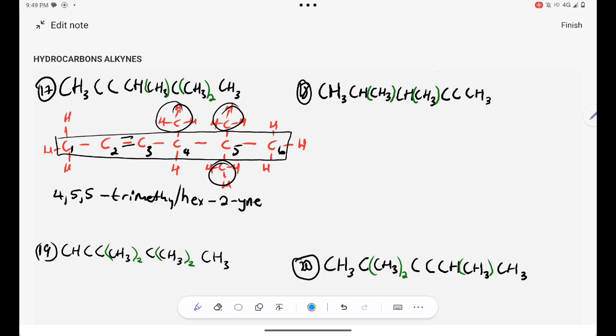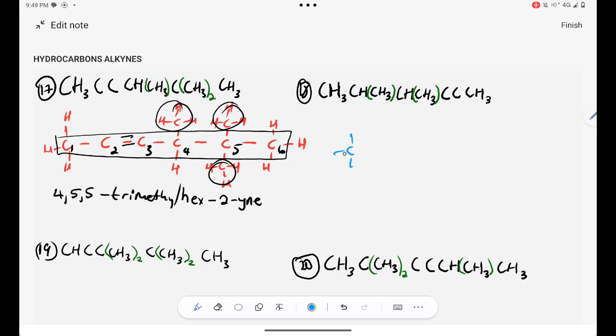Okay, then now I simply have CH3, I have CH with a CH3 over there, and then I have a CH with the CH3, and then I have a C, another C, and another CH3, like this.